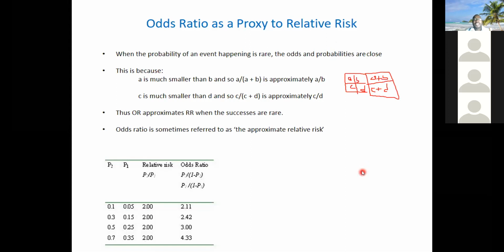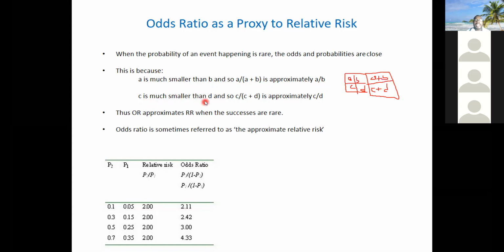Now, why? Because the same thing also, look at it. A is much smaller than B, and so A all over A plus B is approximately A all over B. Can you see?